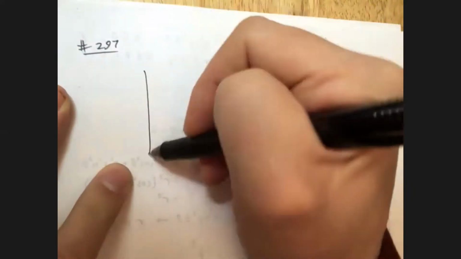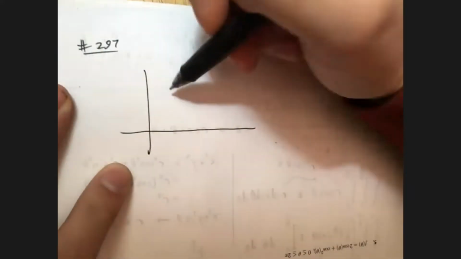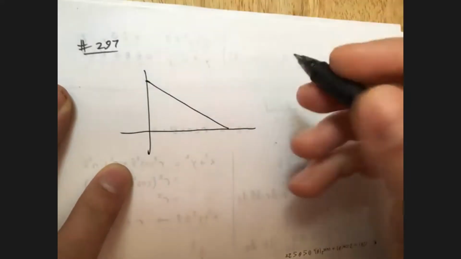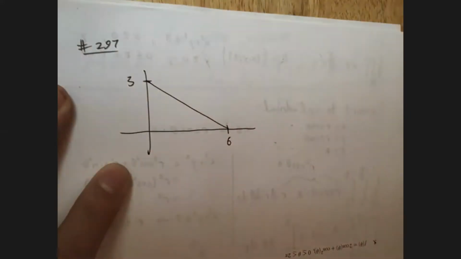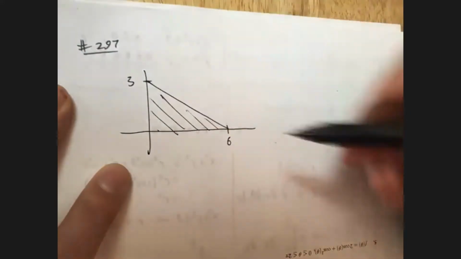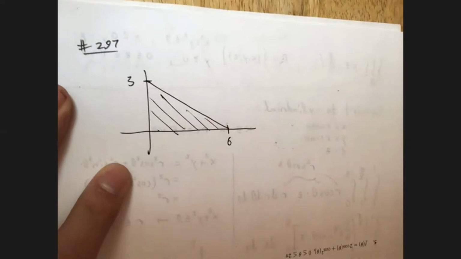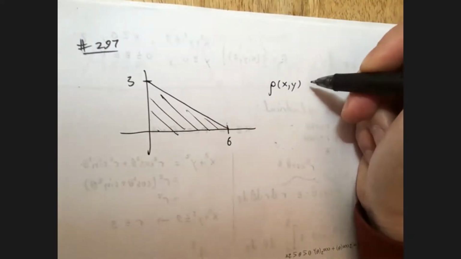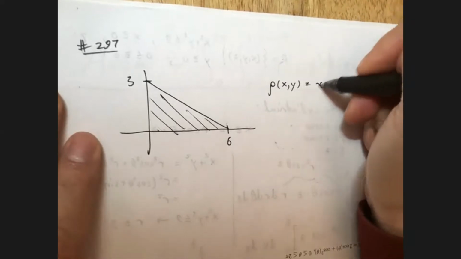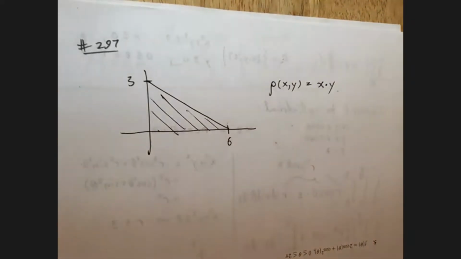What they have here is a plate shaped like a triangle, like this, and this is your region. They say that the density is now a function of two variables, given by x times y. Now, how do we find the center of mass here?